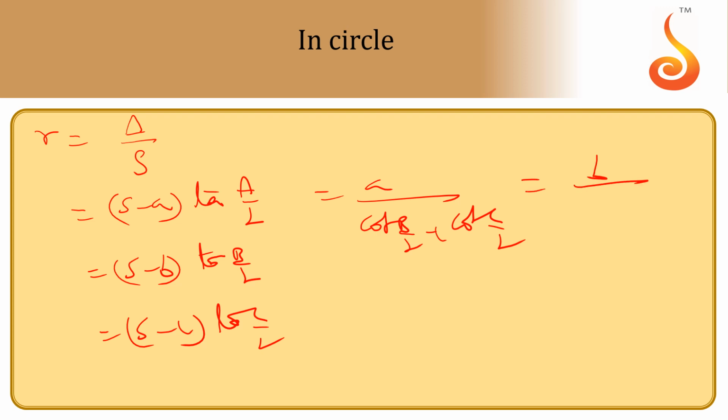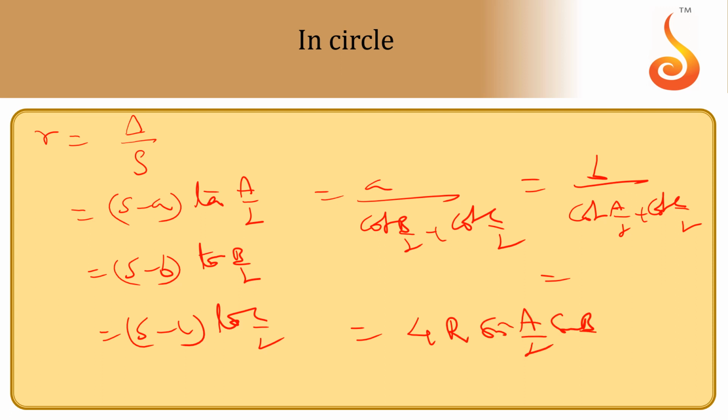Similarly, you have b by the same, cot A by 2 plus cot C by 2. Similarly, c by, and you have this as 4R sin A by 2, sin B by 2, sin C by 2. So every formula is important in doing problems. Which formula we have to use where, that is very, very important. That comes with practice.